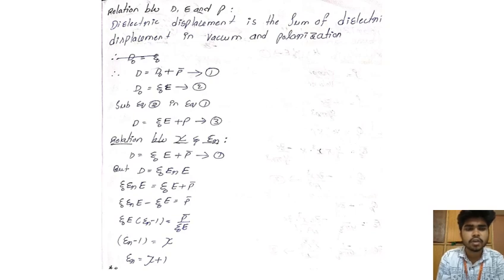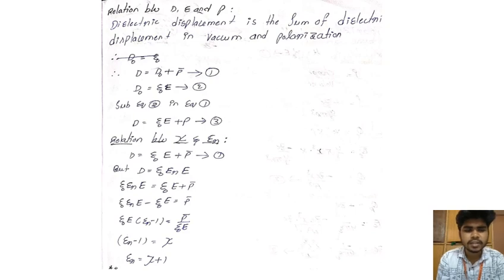So, D equals D naught plus P bar, and we know that D naught equals epsilon naught E. Mark these as equations 1 and 2. Now substitute equation 2 in equation 1. So we get D equals epsilon naught E plus P.